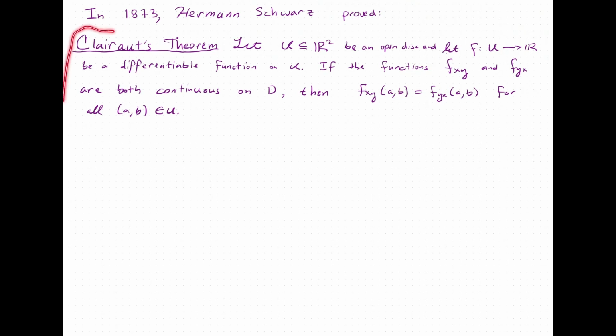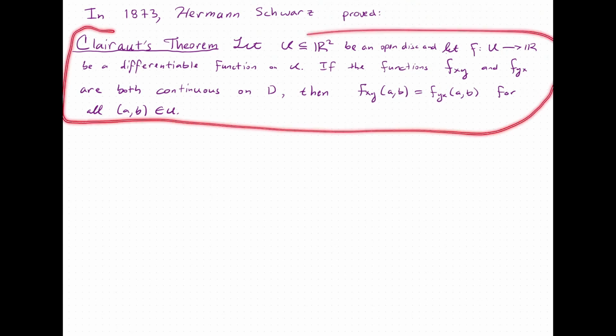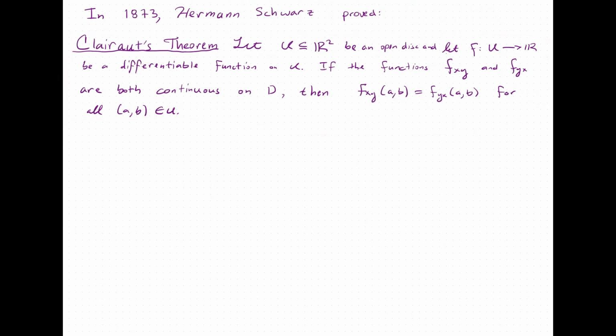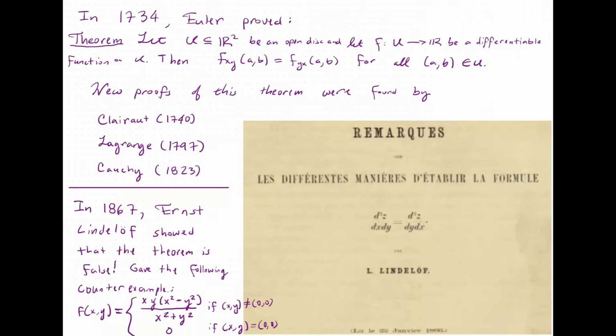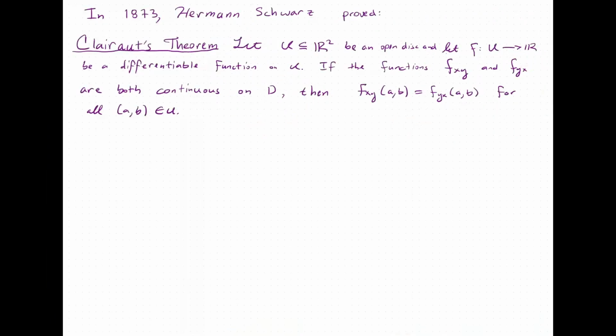And so here is the formal statement of Clairaut's theorem, and the way to fix the theorem statement that Euler and others have proven was to add a condition on f. It is not enough to simply have that the function is differentiable on its domain. One also requires that both the partial derivatives f_xy and f_yx are both continuous on the domain U.